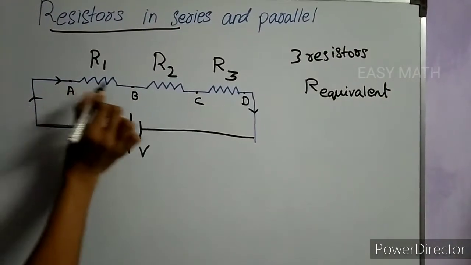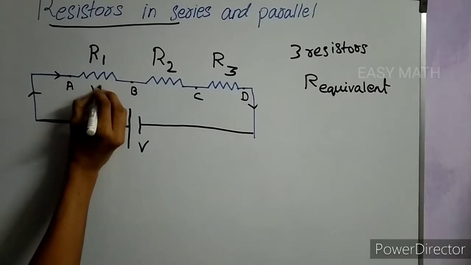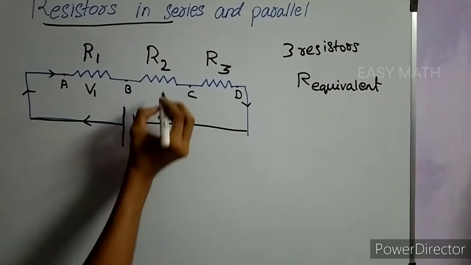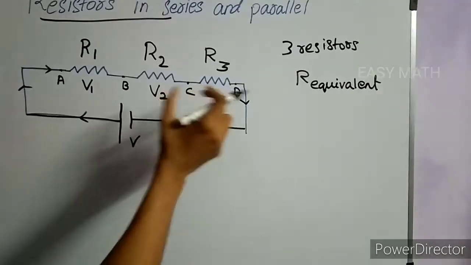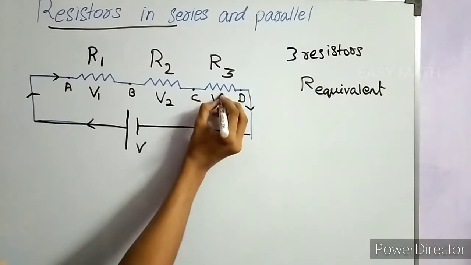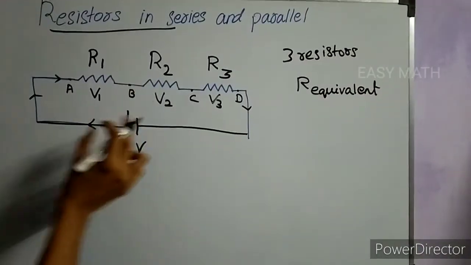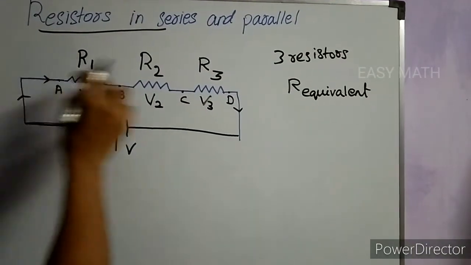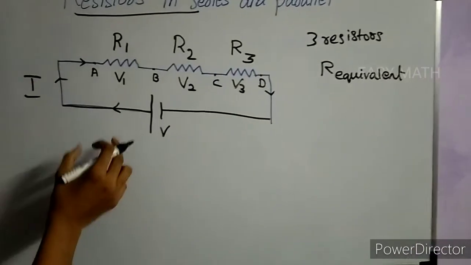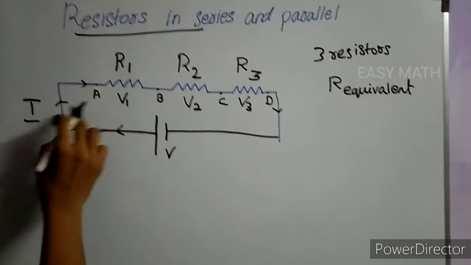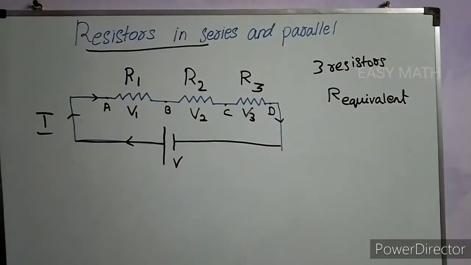Across the points A and B, there is a potential difference of V1. Across B and C, there is a potential difference of V2. Across C and D, there is a potential difference of V3. But the same current I flows through each of the resistors.